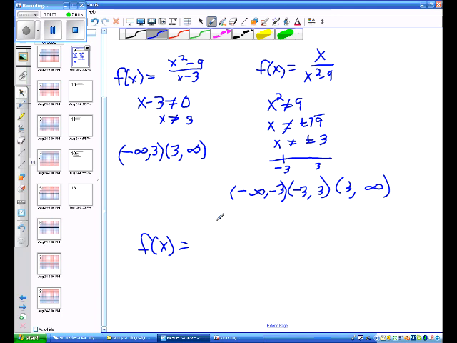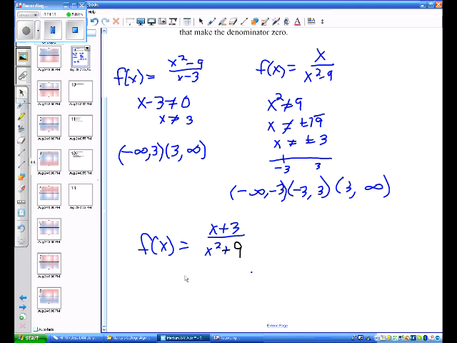f of x is equal to x plus 3 over x squared plus 9. In this case, our denominator cannot be 0, so x squared plus 9 cannot equal 0.